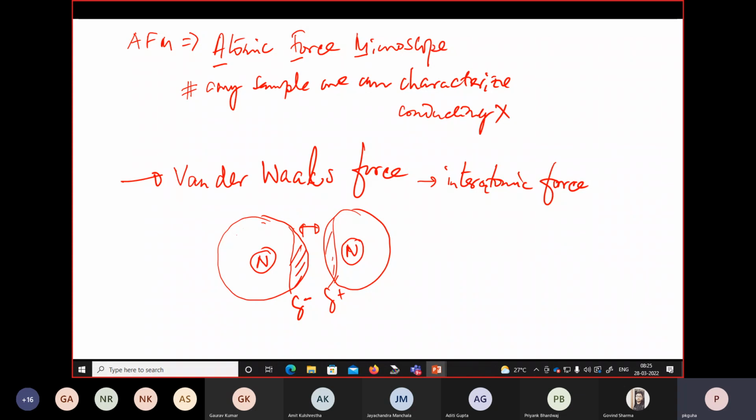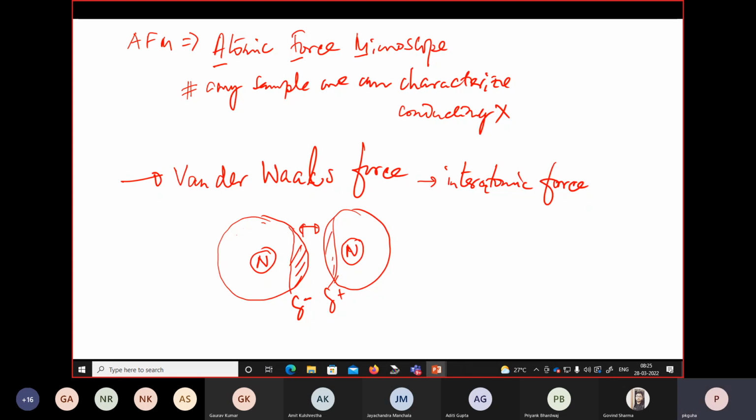Because this charge localization is a temporary phenomenon, and it is dispersed in the entire sample, it is also known as dispersion force.